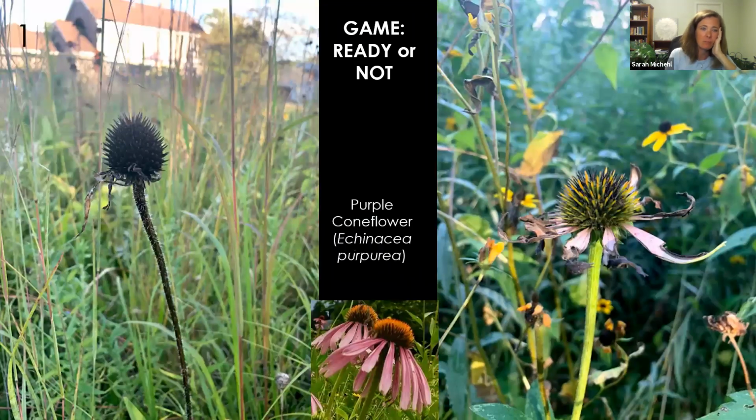Okay. Cone heads. Here we go. Coneflower. We have some Echinacea purpurea here. Which one's ready? We've got number 1 on the left and number 2 on the right. Which one do we think is ready to be collected? Yes, number 1. Number 1 on the left, dry, brown, dead looking, right? As opposed to number 2 on the right, which has a lot of color left to it.